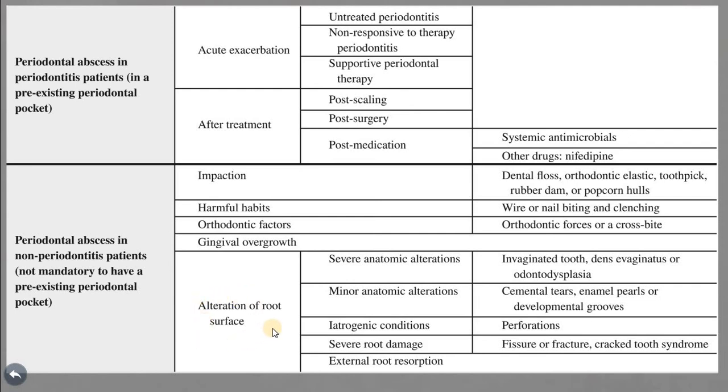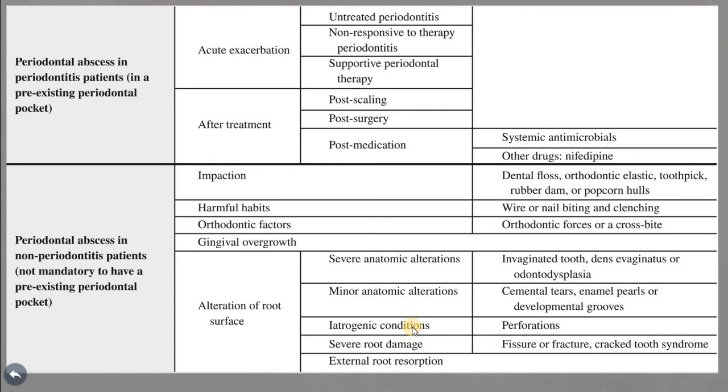Also, defects of surface anatomy, for example severe or minor anatomical alterations, are also causes of periodontal abscess, because these areas can't be cleaned well, leading to subsequent accumulation of bacteria and local irritants.